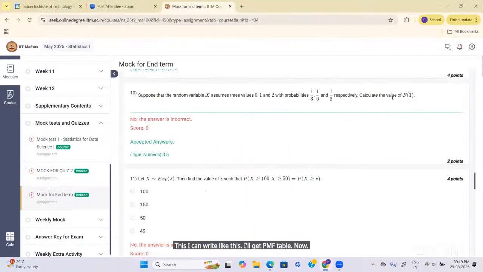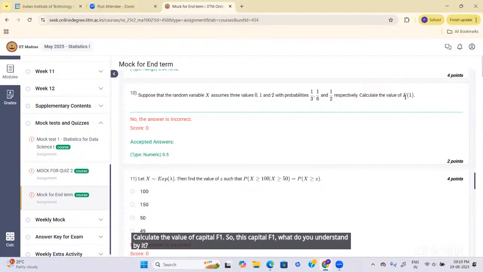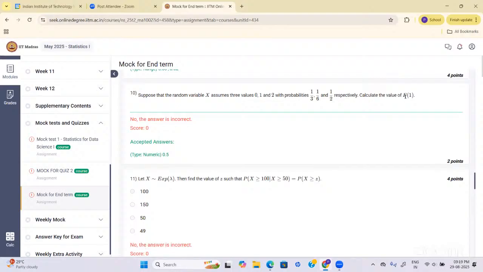Now, calculate the value of capital F1. What do you understand by it? Is it the probability for getting 1? It is not the probability for 1, it is the cumulative distribution function at point 1.